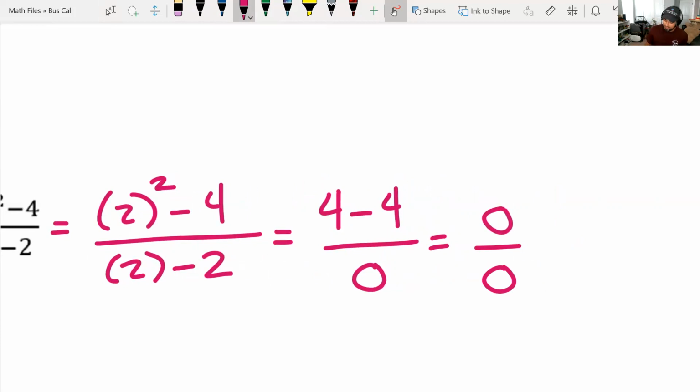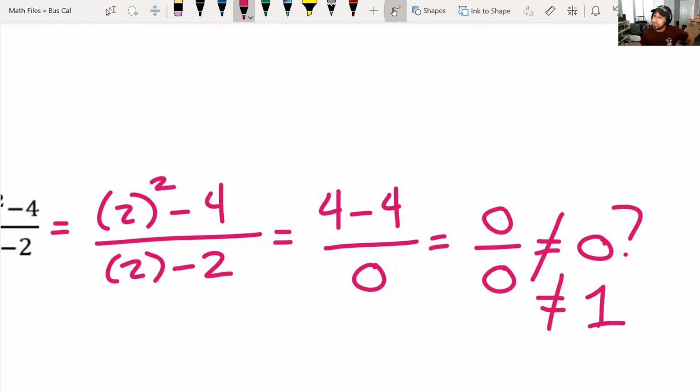Now, does 0 over 0 equal 0? The answer is no. 0 over 0 is not 0. And 0 over 0 is definitely not 1 as well. If you're wondering where I got 1 from, well, isn't any number over itself 1?